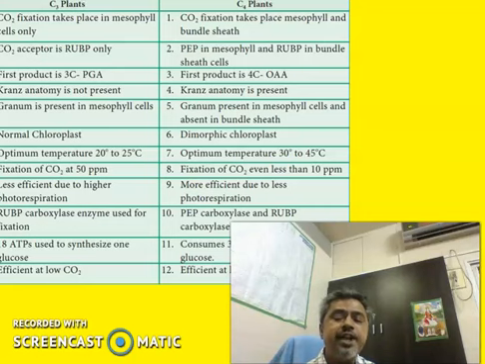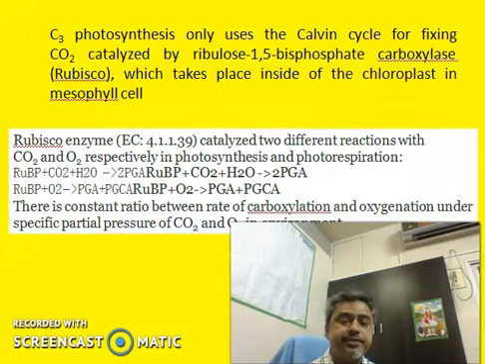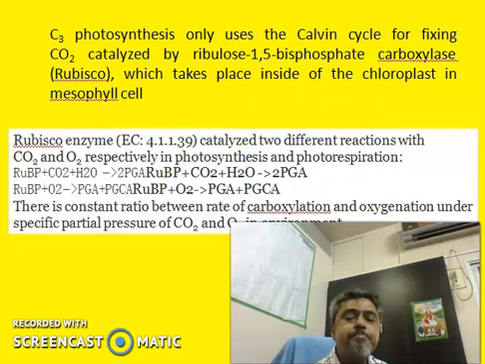Now we will understand how this is happening. C3 photosynthesis only uses the Calvin cycle for fixing carbon dioxide, catalyzed by ribulose 1,5-bisphosphate carboxylase oxygenase, the full form of Rubisco, which takes place inside the chloroplast in the mesophyll cells.